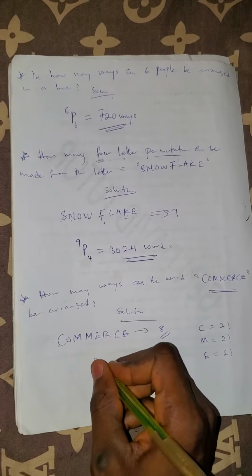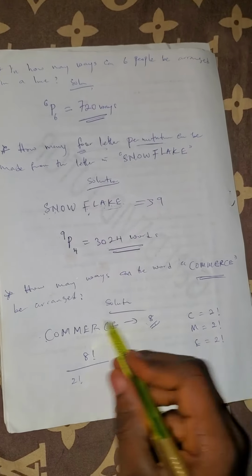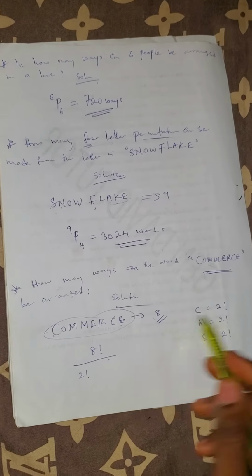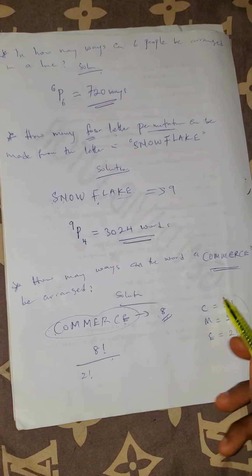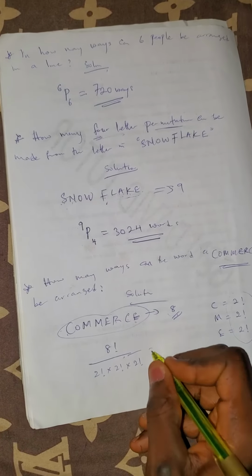So your answer here will be 8 factorial over each of the repeated counts: 2 factorial multiplied by 2 factorial multiplied by 2 factorial.